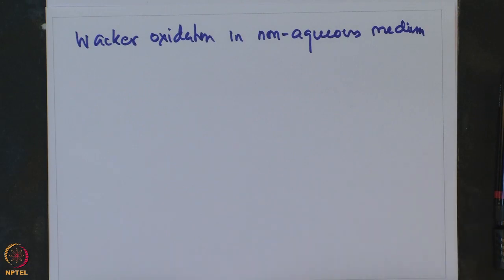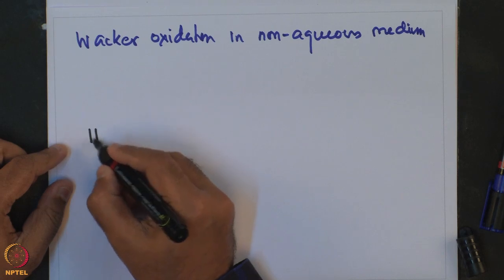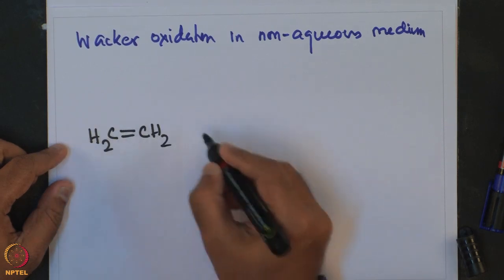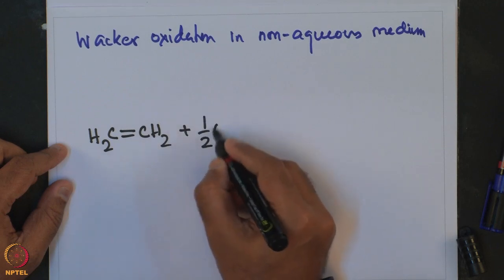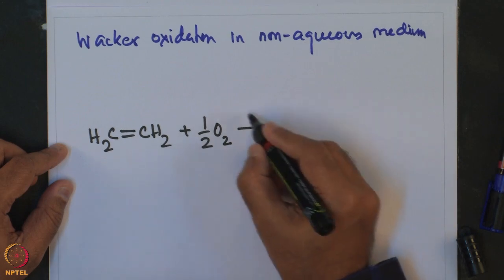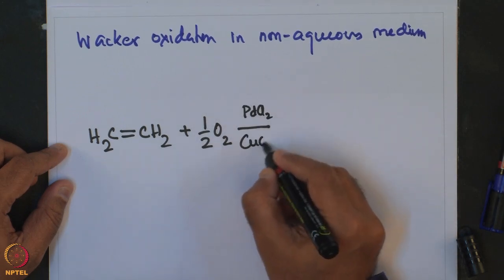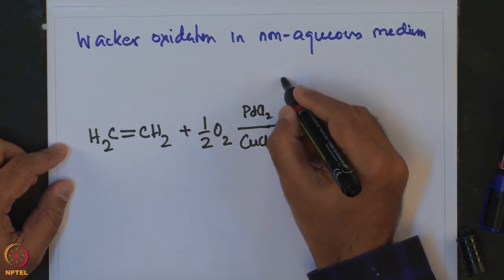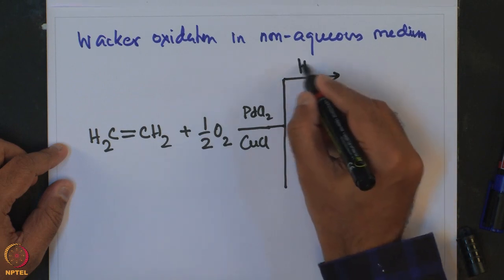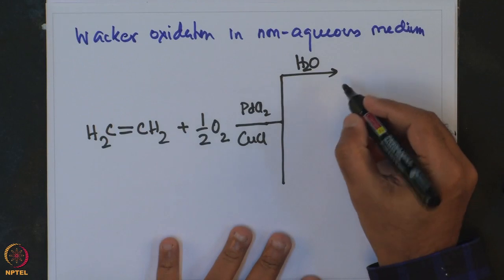And this is given by H2C=CH2 plus half O2 with PdCl2 and CuCl in water, giving acetaldehyde.